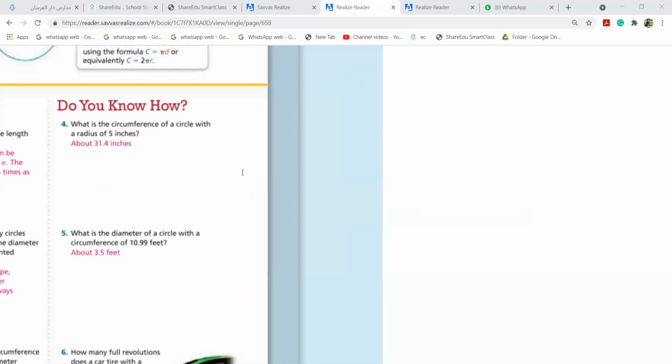What is the circumference of a circle? Judy? Dana? What is that formula? Circumference of a circle, what is it?